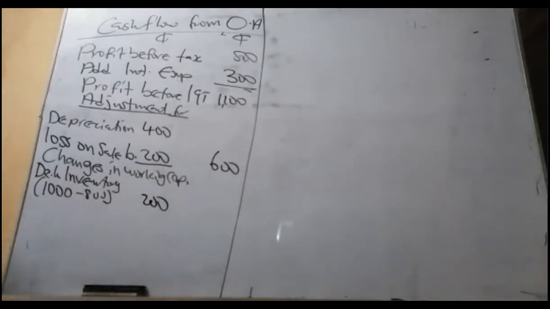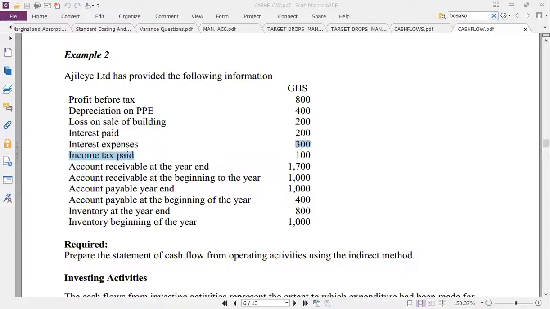Then what about trade receivable? Let's go do the trade receivable. Let's move together. Here they said account receivable. So they have to give us the other receivable. It's not there, so you have to use it like that. Account receivable at the year end is 1007. At the beginning is what? 1000. So that's increased by what? 700.